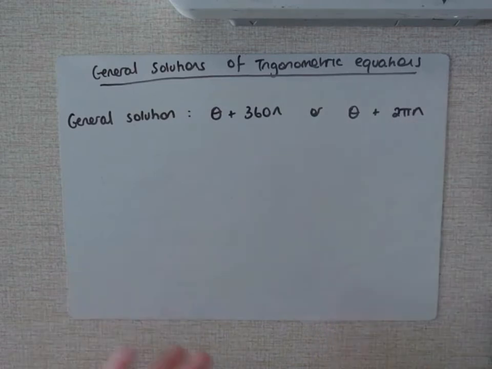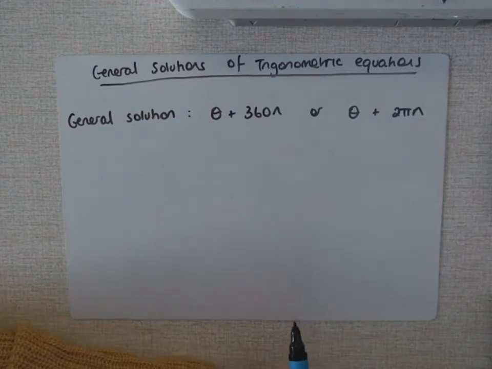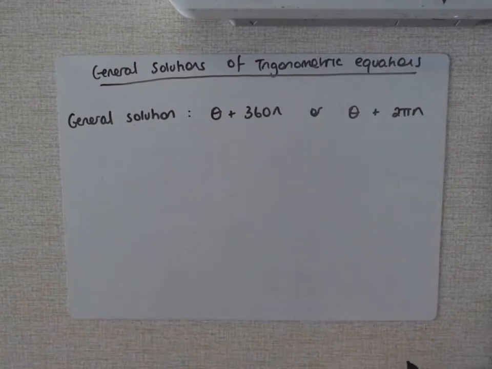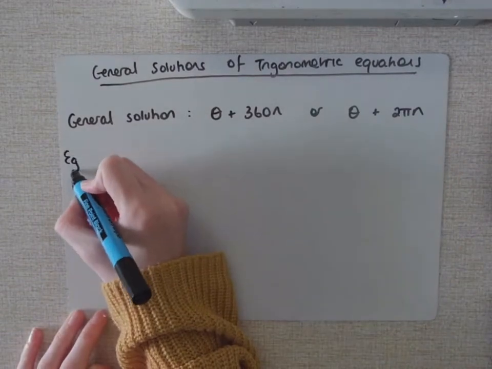So the general solution is either theta plus 360n or theta plus 2 pi n, depending on whether they gave it to you in radians or not. You can always convert it to degrees. So let's do an example.